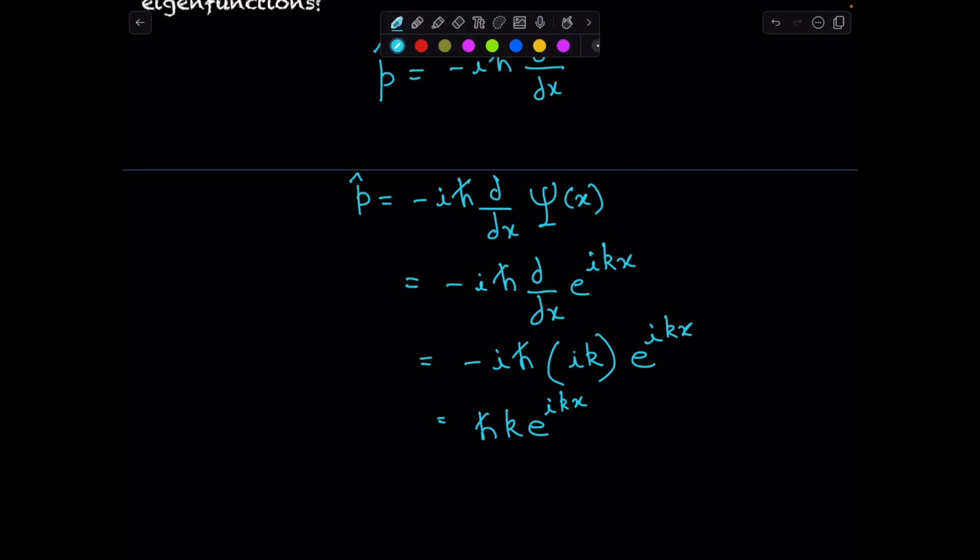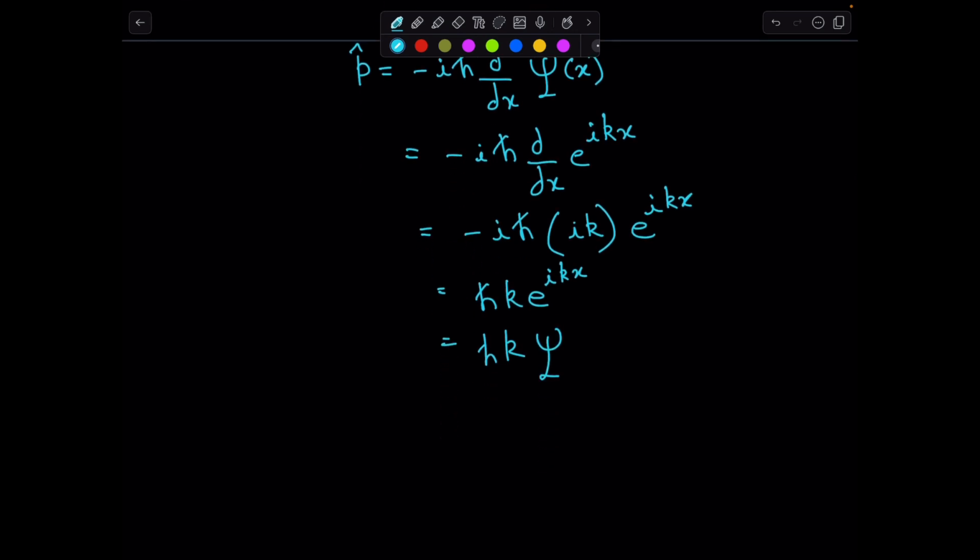This is of the form h cross k times xi, and so we got the wave function back when we operated the linear momentum on xi, so this would be an eigenfunction.